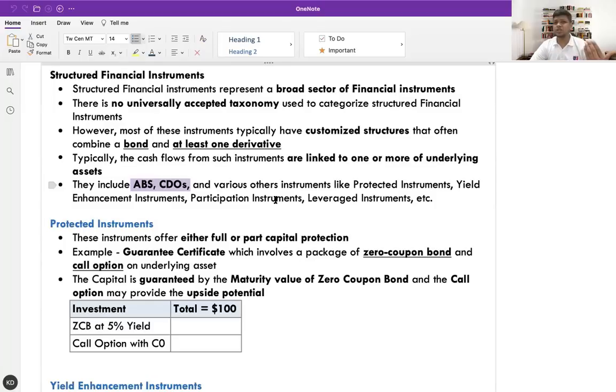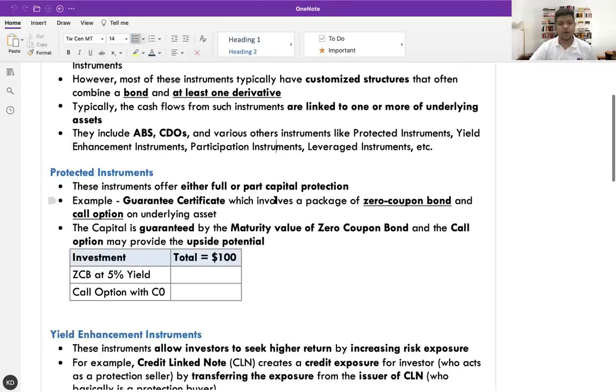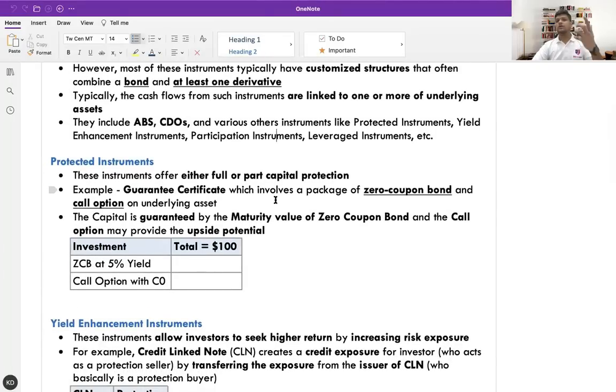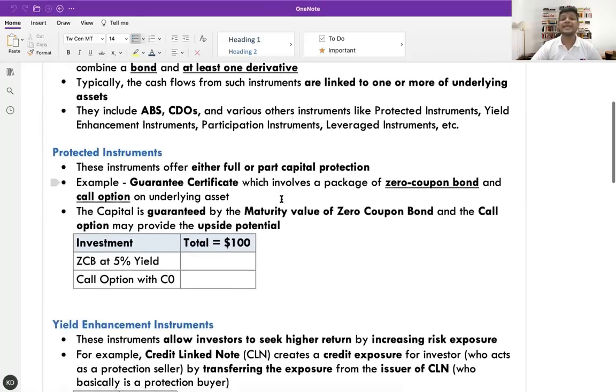These are various instruments which are called structured financial instruments. Now I'm going to display a few of them and help you understand what these products are. These products also include mortgage-backed securities, asset-backed securities, and so on, and they will be discussed at length when we do securitization. So your first type of structured product is the protected instrument.